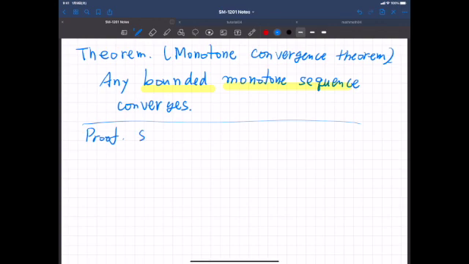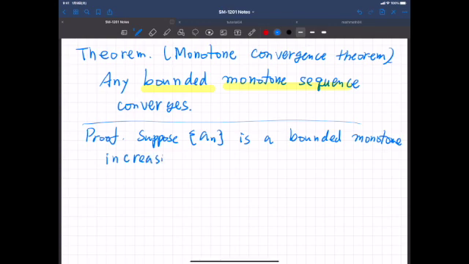So suppose a_n is a bounded monotone increasing sequence.